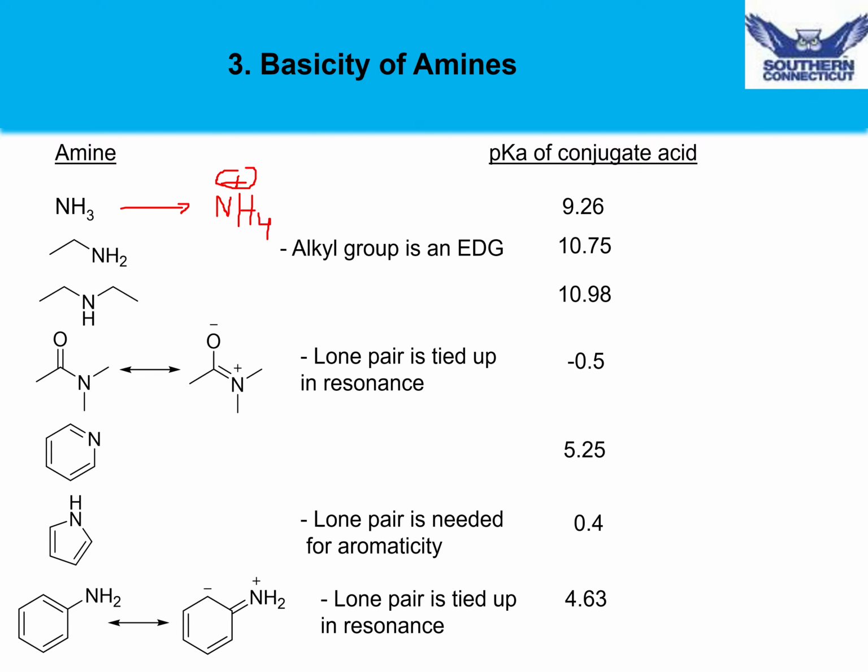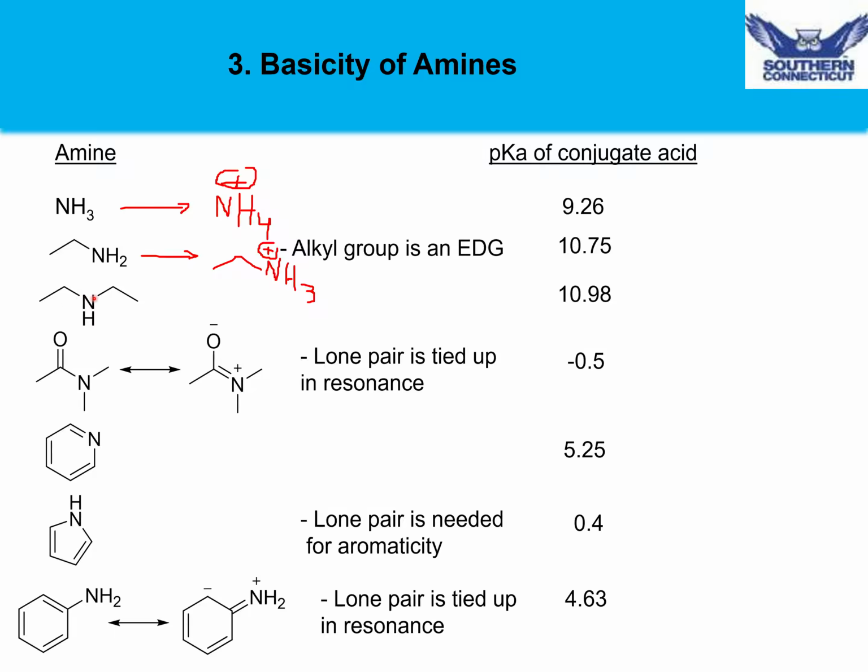When ethylamine reacts with an acid, it will form the following conjugate acid: NH3 plus an ethyl group will also have a positive charge on the nitrogen. This ethyl group is an electron donating group, so it helps to stabilize the positive charge on the nitrogen. It makes this reaction more likely compared to the reaction with ammonia.